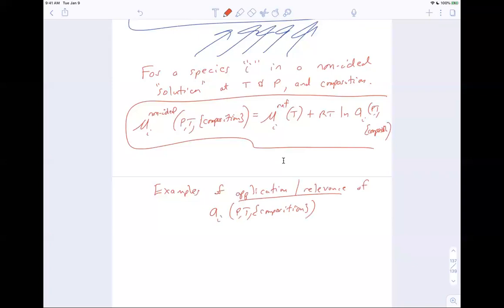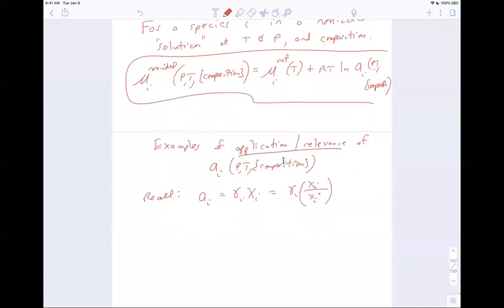For the following discussion, recall that I said that A sub i can be written as gamma i x sub i, which is really gamma i times x sub i over x sub i in some reference state. So this applies to the reference state, and these are mole fractions.